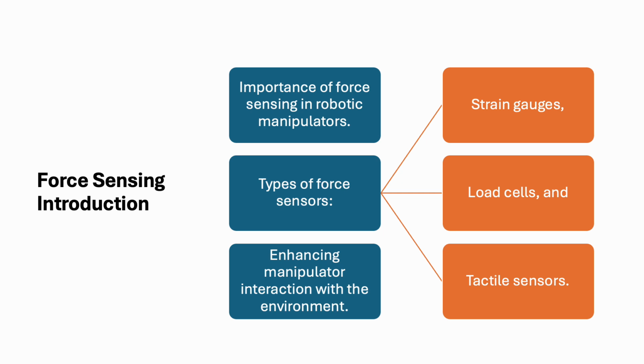The importance of force sensing in robotic manipulators, we have discussed that in quite some detail. These types of force sensors are strain gauges, load cells, and tactile sensors, enhancing manipulator interaction within the environment. We have looked into that in quite some depth earlier, so I would skip this. I would suggest you look into Google Scholar, at how people have worked with strain gauges, load cells, and tactile sensors.